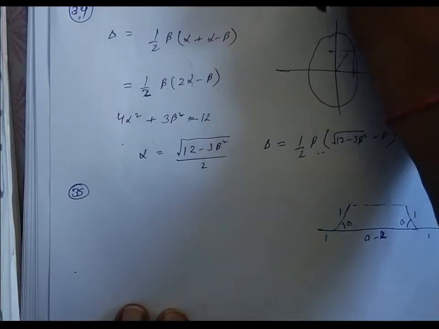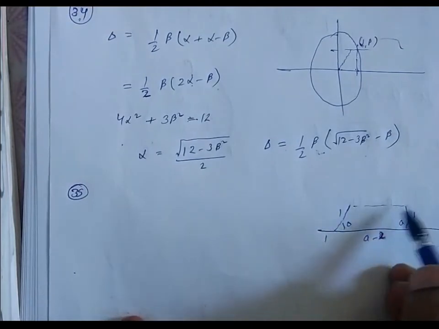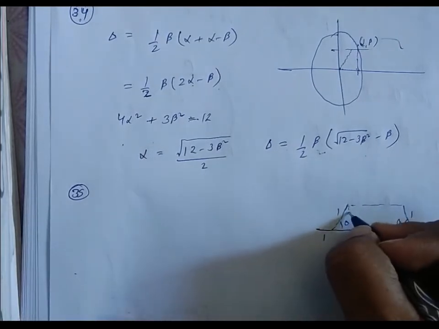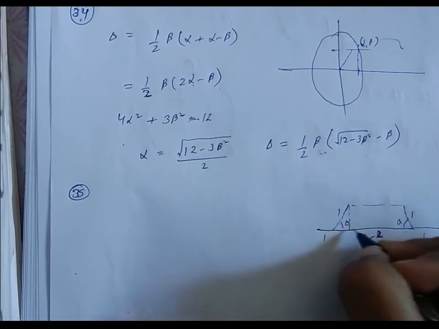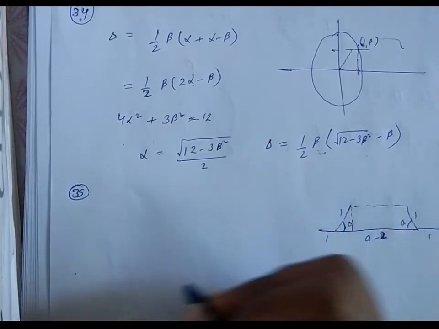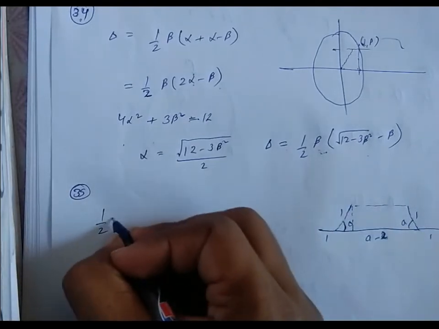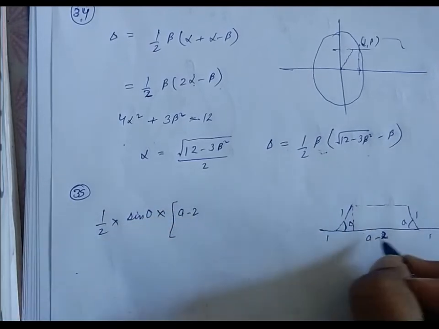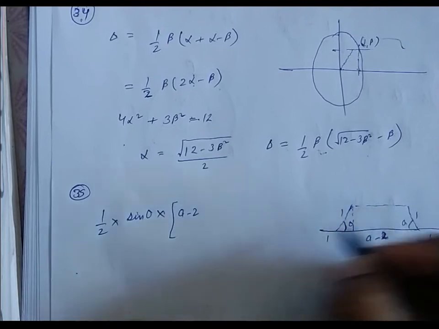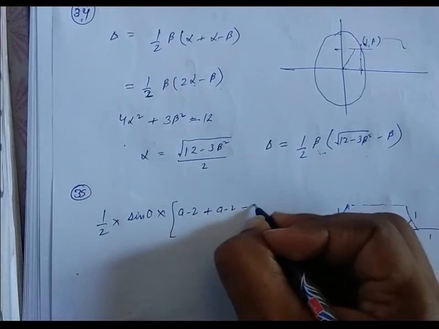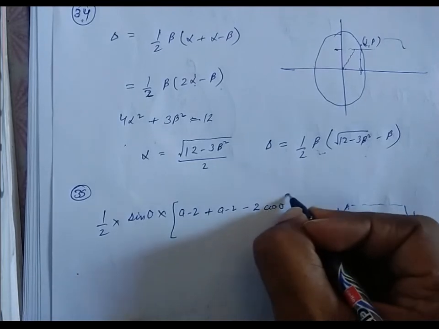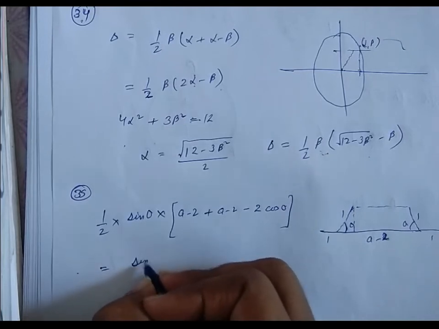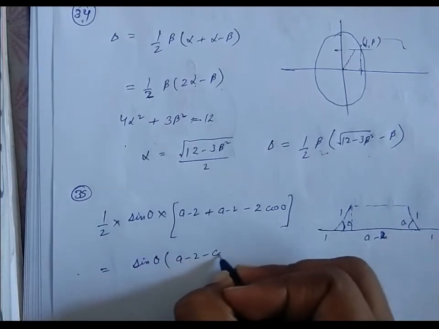So area of cross section of the gutter, this h would be equal to sine theta, would be half into sine theta into sum of parallel sides. So this side is a minus 2 and this side would be a minus 2 plus 2 cos theta. So A is sine theta into (a minus 2 plus cos theta).